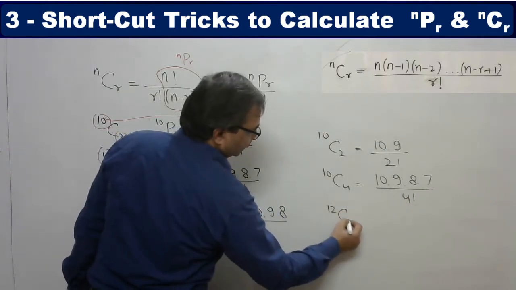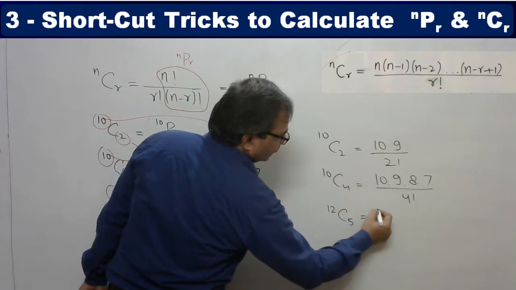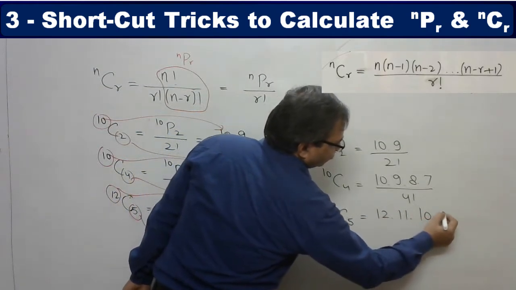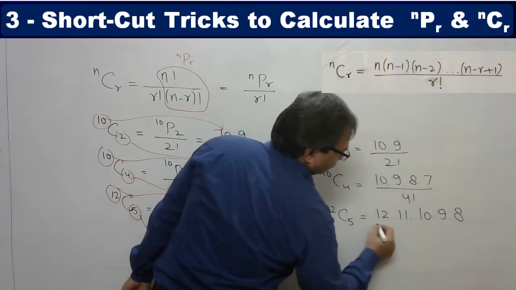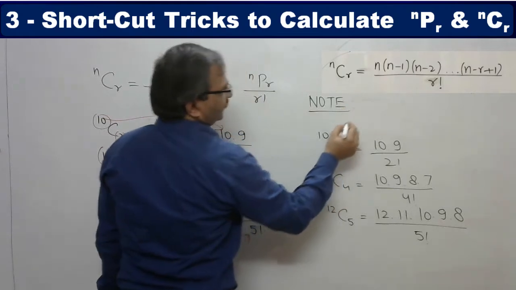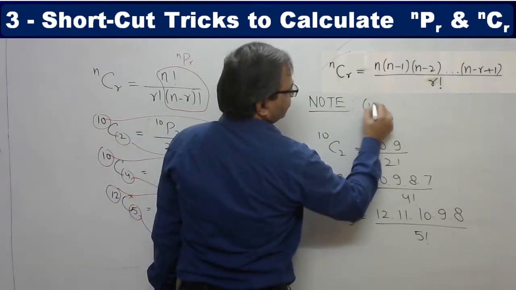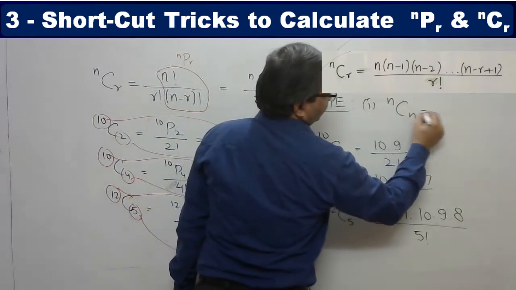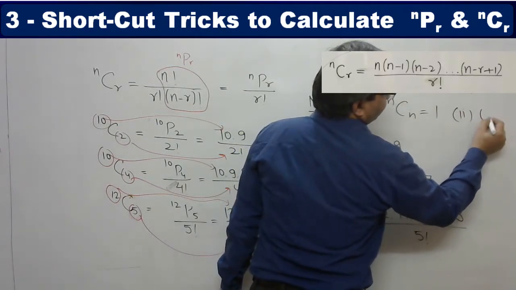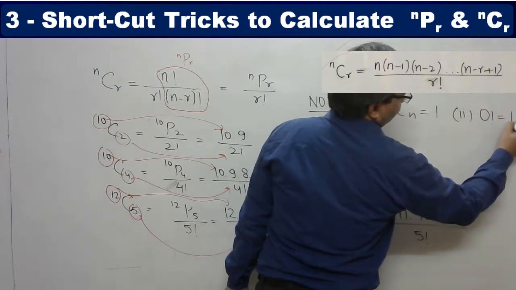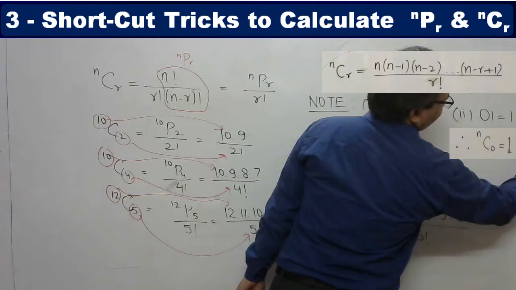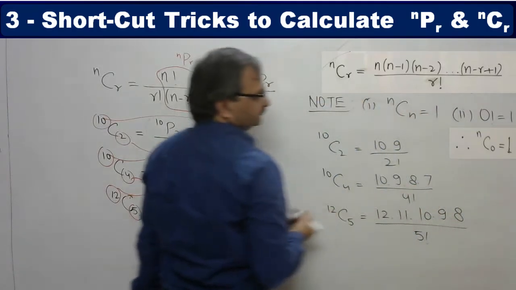And then for the third, 12C5, five numbers in decreasing order beginning with 12 upon 5 factorial. In particular, we have nCn is equal to 1 and by convention 0 factorial is equal to 1. Therefore, nC0 is equal to 1.